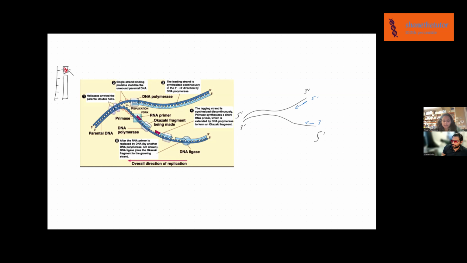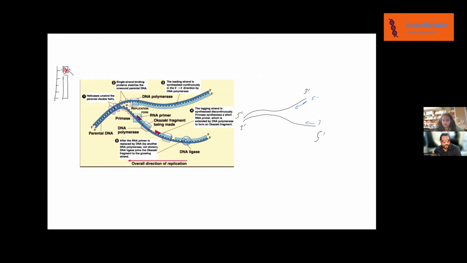So that's going from the new 5 prime end that's being created towards the end where it will become 3 prime.